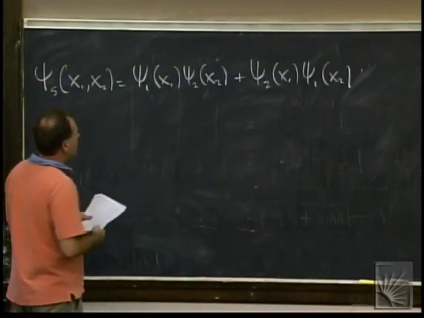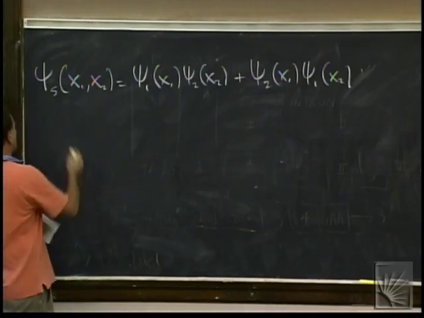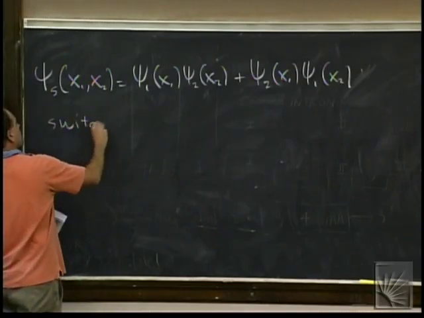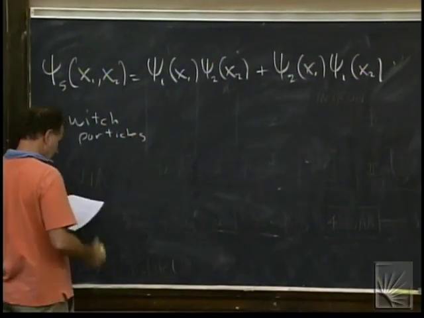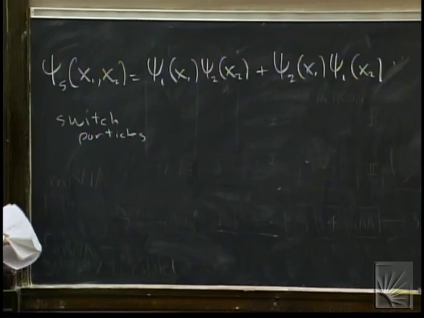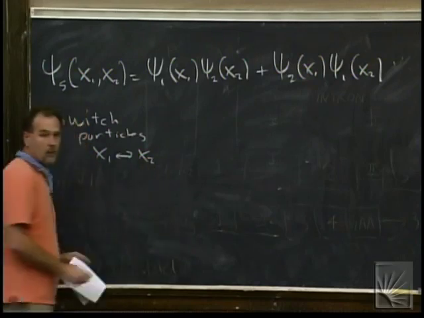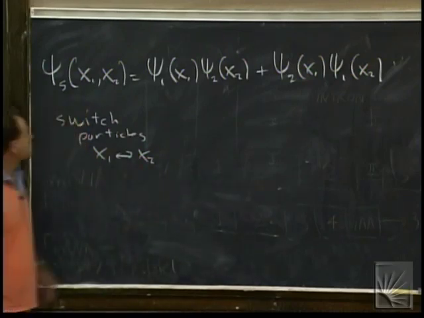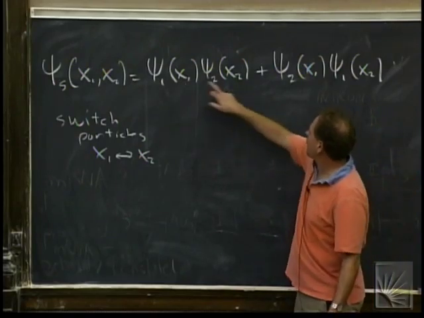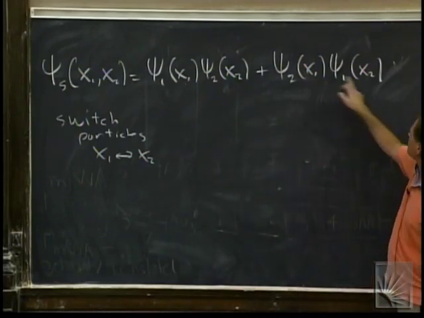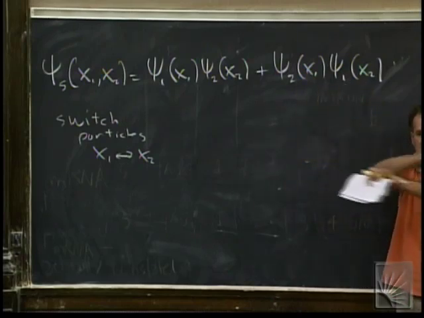So, let me explain, what do I mean? By switching particles, it means just interchange x1 and x2. And if I do that, can't you see that these two terms just switch places?